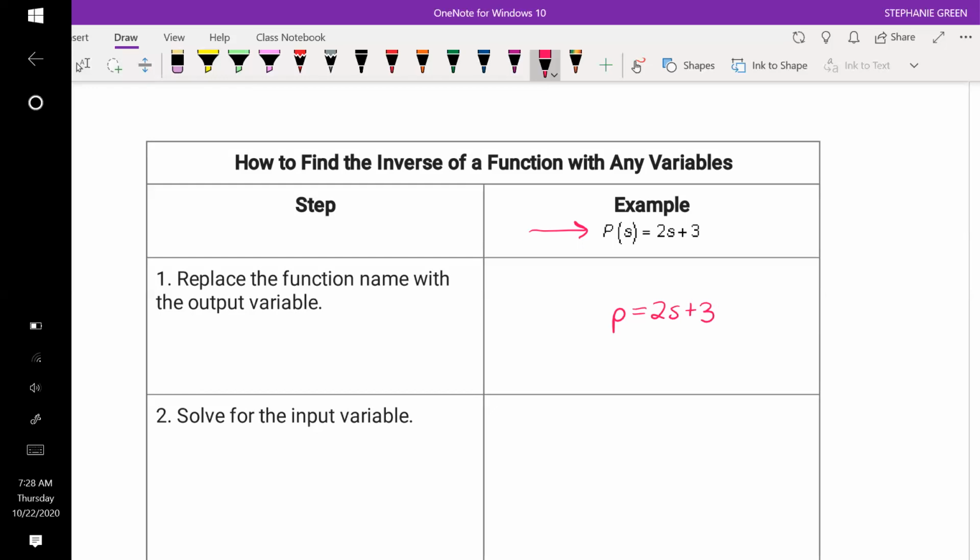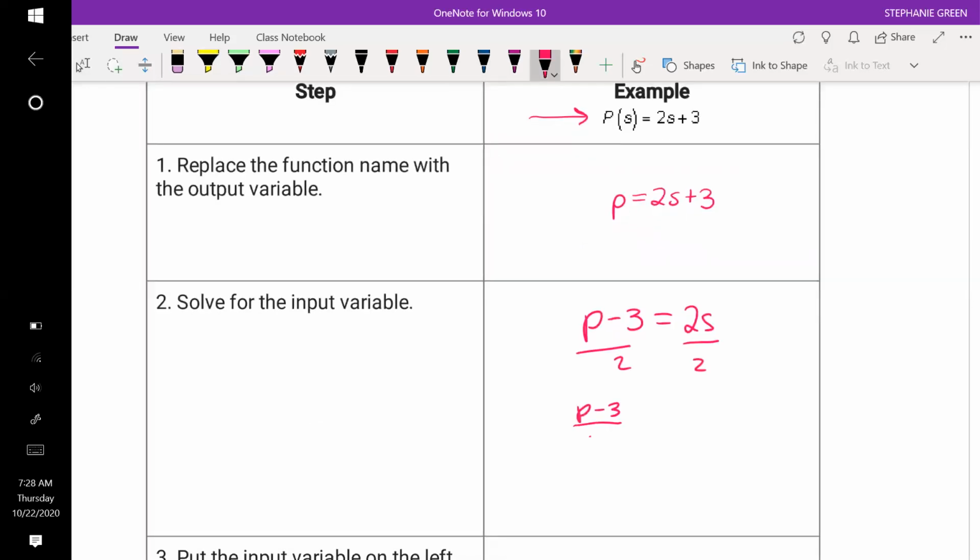Then we're going to solve for the input variable, meaning I'm going to isolate the other variable, s. So I'm going to do that by subtracting 3 from both sides, and then dividing both sides by 2. And then, of course, we like our variable to be on the left instead of the right, so I'll change the order of that function.